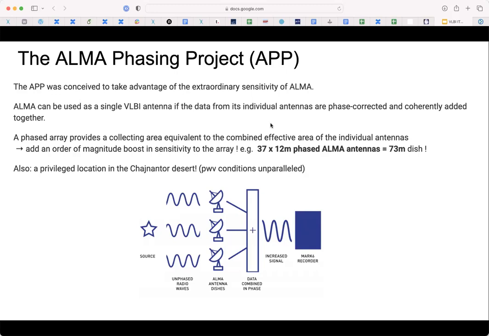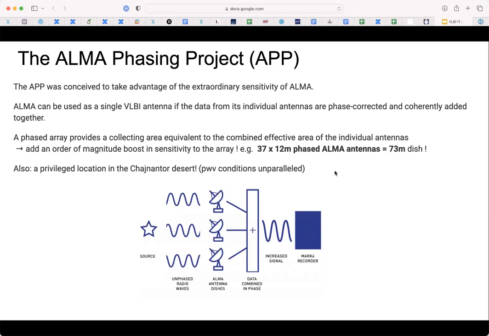And the idea is to combine the signal of all antennas, so sum the signal to simulate one big single dish antenna. So for 37 antennas of 12 meters, you get a 73 meter dish equivalent. So you take the square root of the number of antennas times 12 meters. 37 antennas is not the maximum.